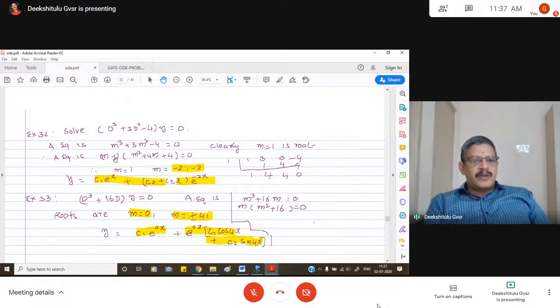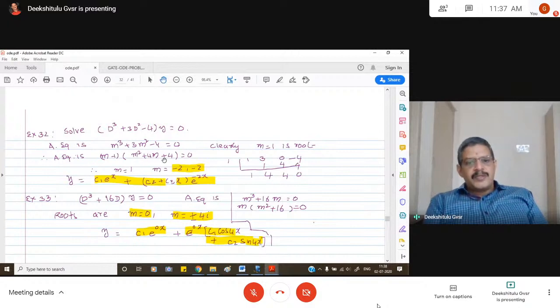Using synthetic division with m = 1: 1 comes down, 1 times 1 is 1, 3 + 1 is 4, 1 times 4 is 4, 0 + 4 is 4, 1 times 4 is 4, -4 + 4 cancels, leaving 1, 4, 4. So the equation factorizes as (m - 1)(m^2 + 4m + 4).